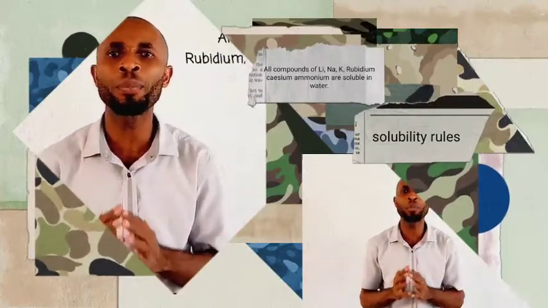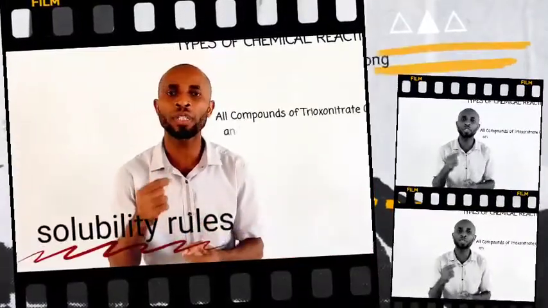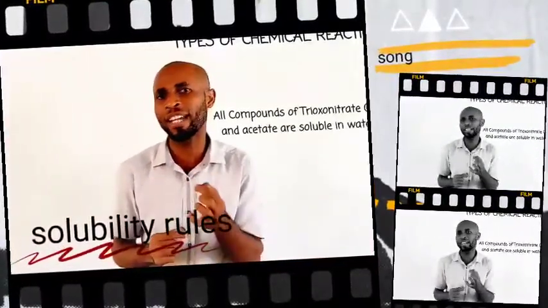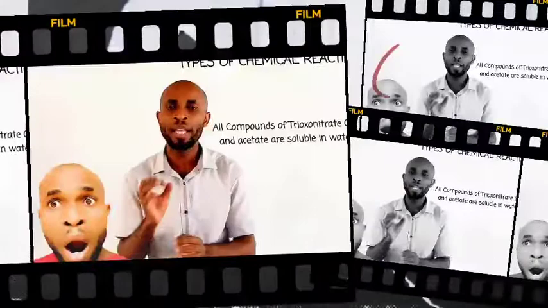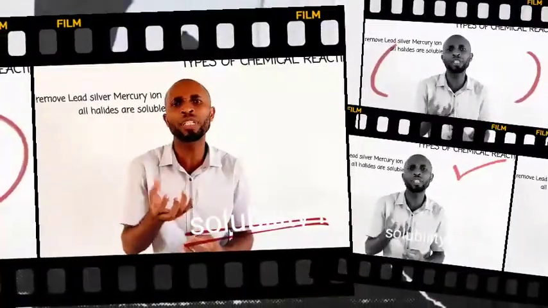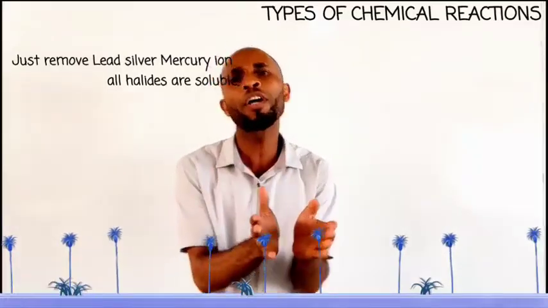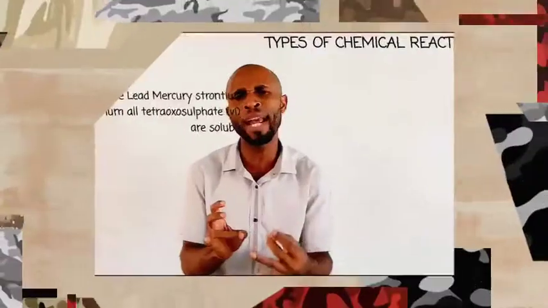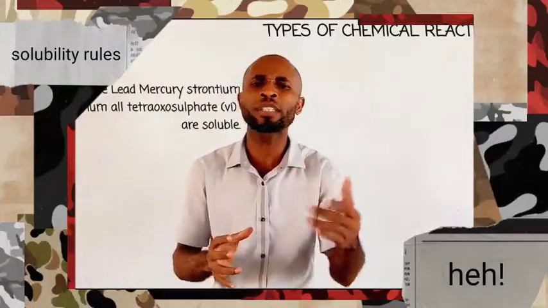All compounds of lithium, sodium, potassium, rubidium, cesium, ammonium are soluble in water. All compounds of trioxonitrate(V) and acetate are soluble in water. Just remove lead, silver, mercury, iron, then all halides are soluble, and remove lead, mercury, strontium, barium, all tetraoxosulfates(VI) are soluble.